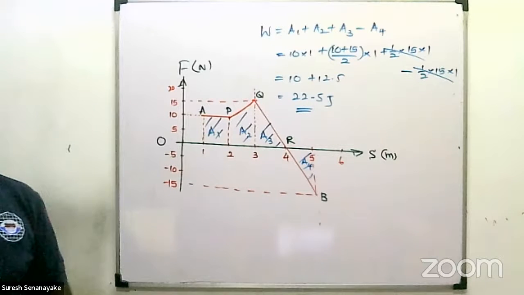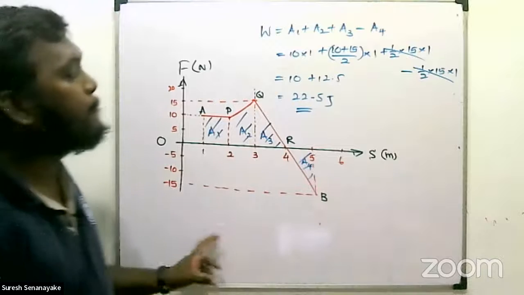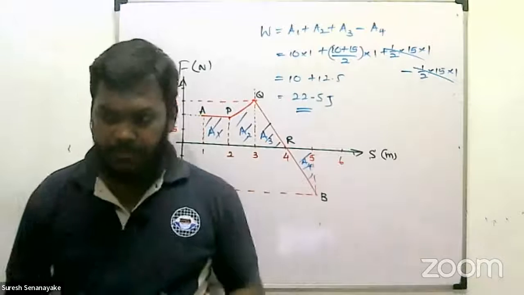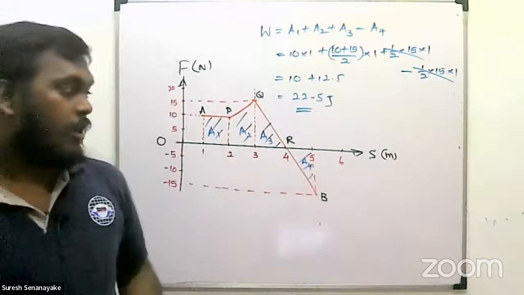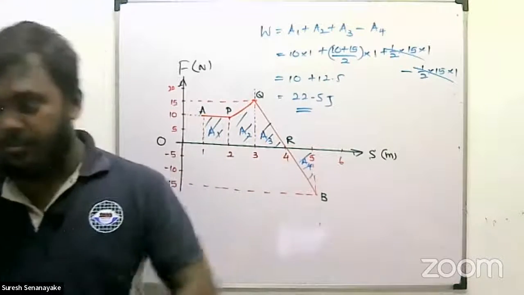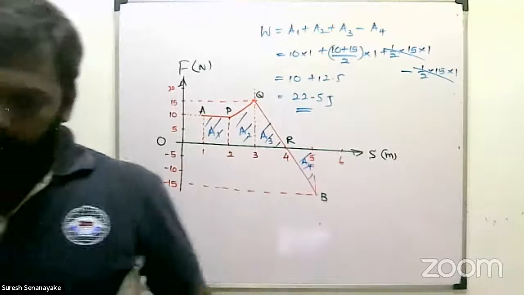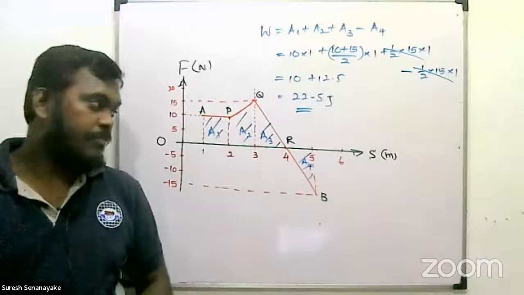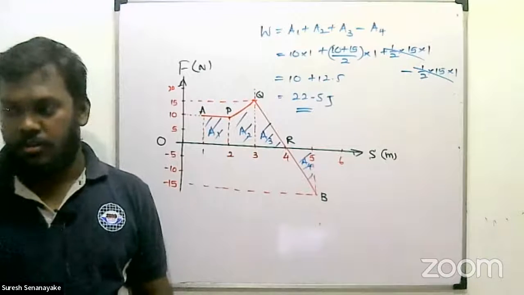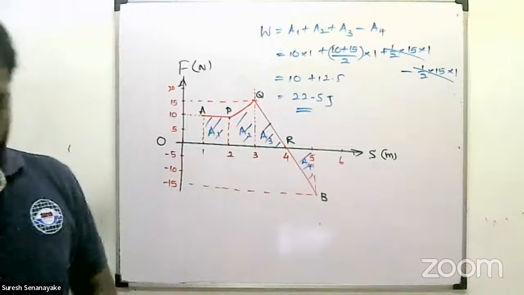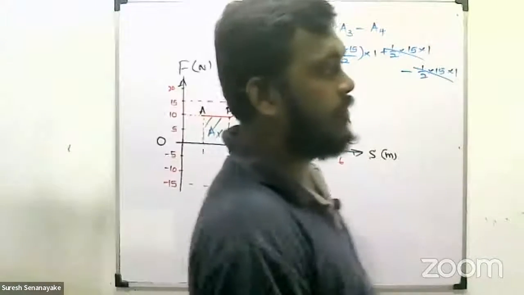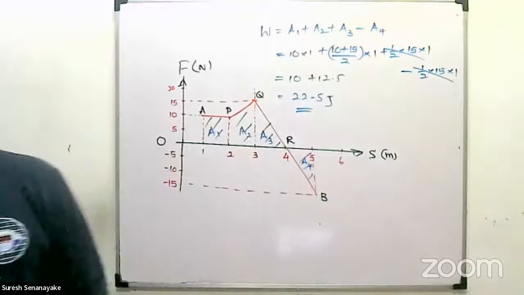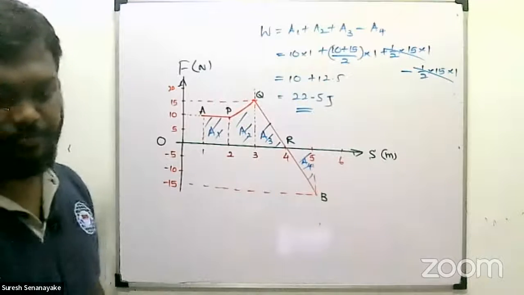Okay. Another question. Write another question. An object of mass 5 kilogram falls from rest through a vertical distance of 20 meter and reaches with a velocity of 10 meters per second.